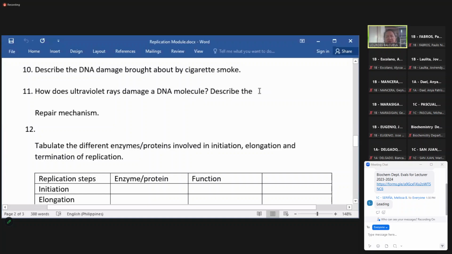Formation of what? Pyrimidine dimers, Doc. Or cyclobutane ring, cyclobutane dimer na lang. Okay. Ang repair niyan is lyase. There's an enzyme that repairs it. It's called the lyase. Lyase. Okay? Hindi ko nasulat. Okay, just remember that.